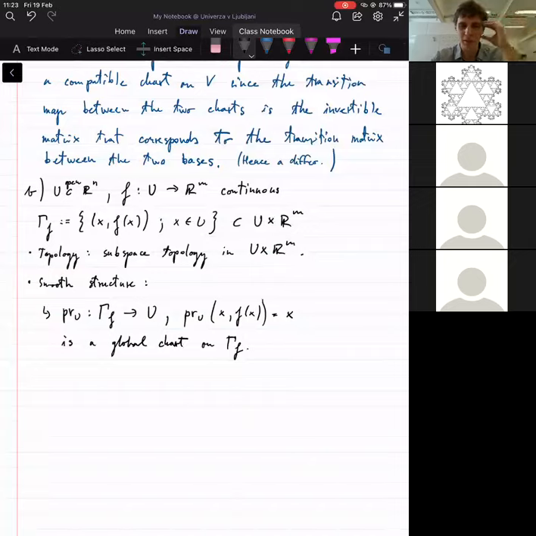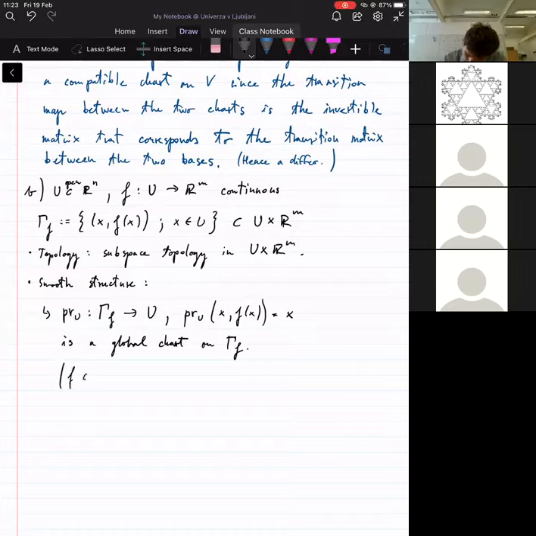What is its inverse? It is x maps to (x, f(x)). And f is continuous. Yes, exactly.